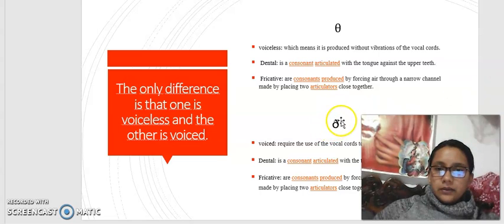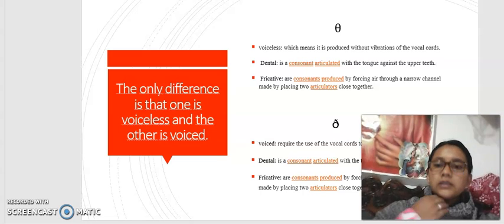And this is the other symbol from the IPA. This is for the voiced consonant. Voiced sounds require the use of the vocal cords to produce their signature sound.